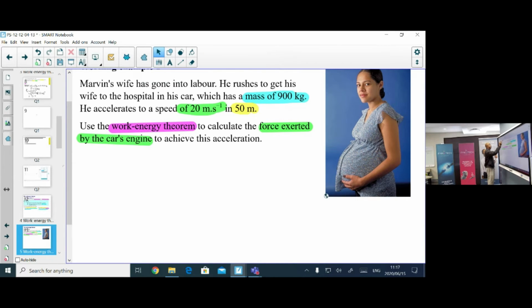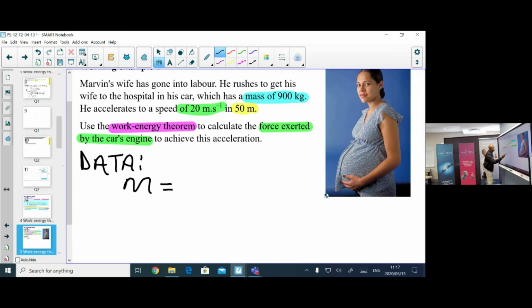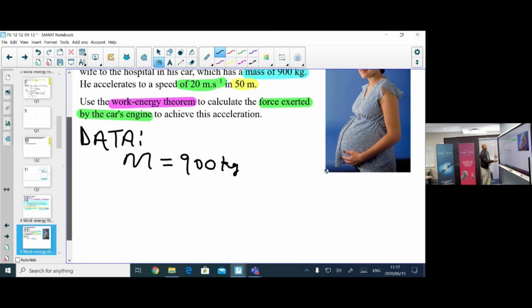Let us work together. Don't just copy. I need you to work with me. We have data. The given information, what do we have there? We have the mass, which is equal to 900 kilograms.